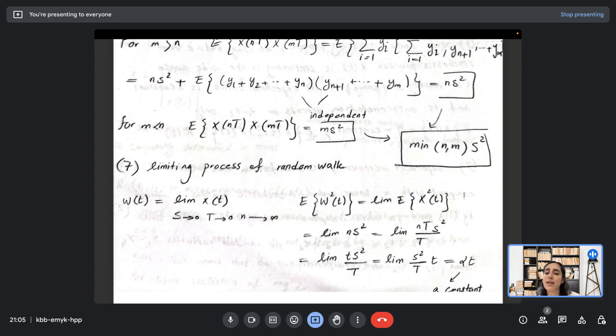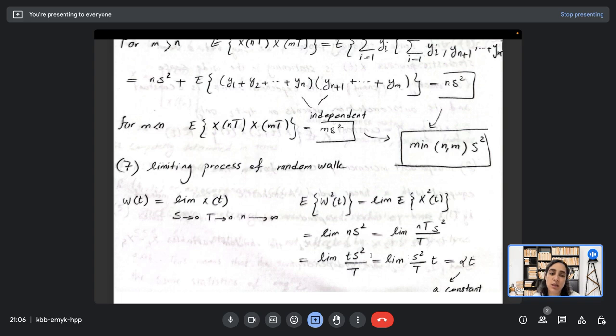We are talking about the random walk after some time, where t goes to 0 and n goes to infinity. If we want to calculate the expected value of w to the power of 2, we will have the limit of the expected value of x to the power of 2, which is the limit of n times s to the power of 2.